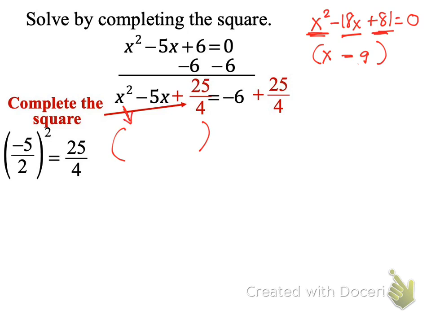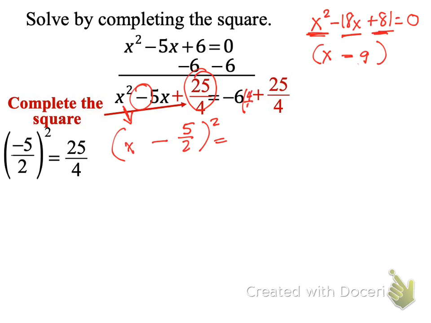What's the root of this, Nicole? X. What's the root of this? 5 over 2. Good. And what sign must it have to have this negative here? Minus 7. There you go. You just factored it. And this, I have to have a common denominator.